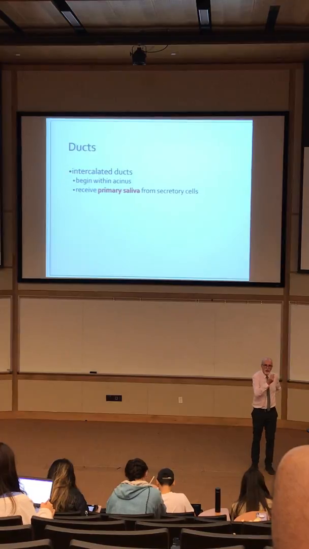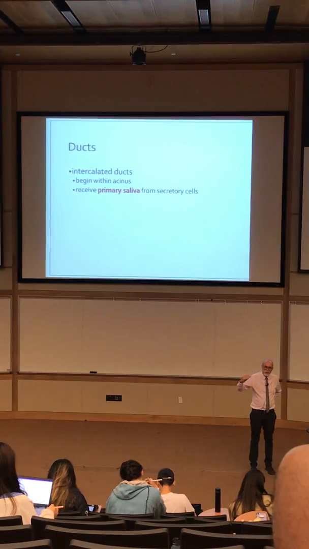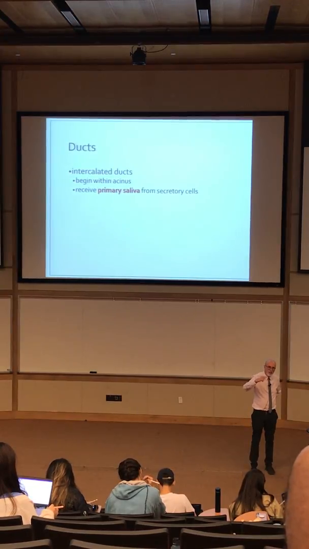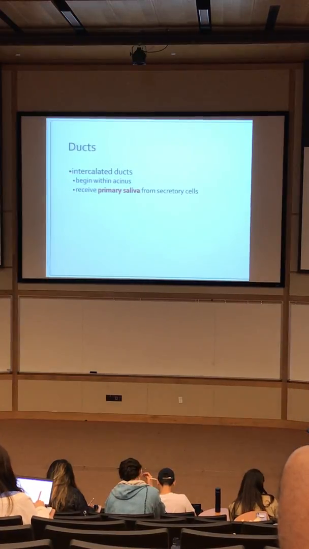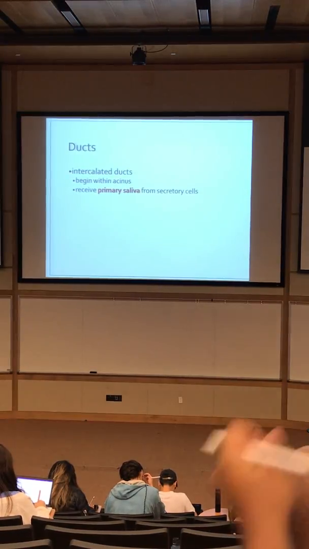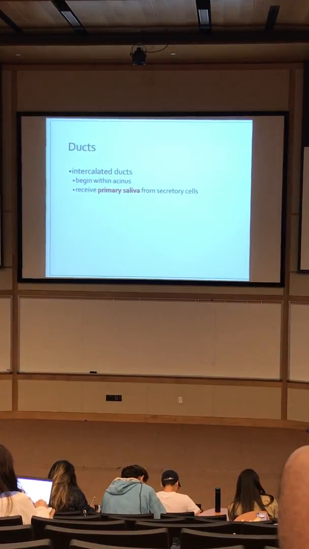What comes out into the oral cavity is not the same composition as what the secretory cells produce. So as it passes through, the duct cells actually modify the content of the saliva. What the secretory cells produce is called primary saliva. It's isotonic with blood. It will not be isotonic by the time it ends up in the oral cavity.